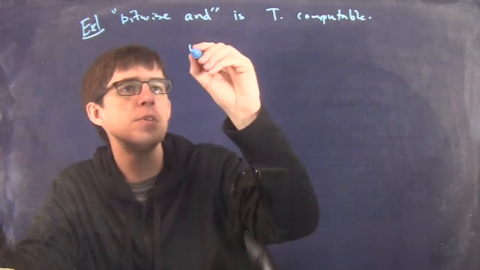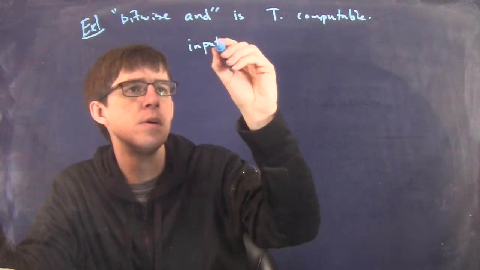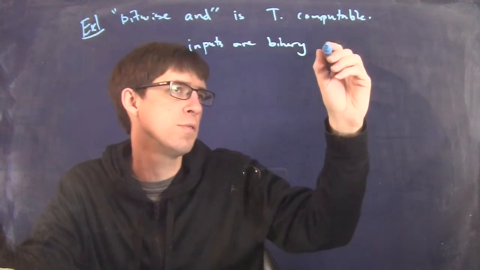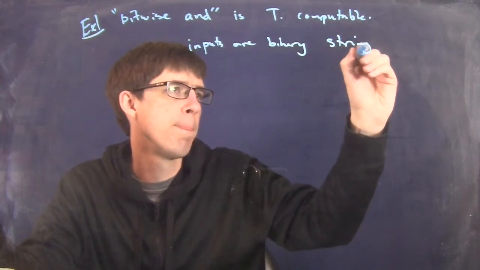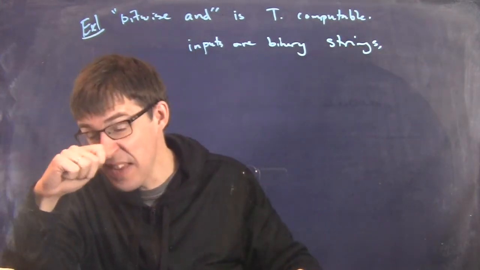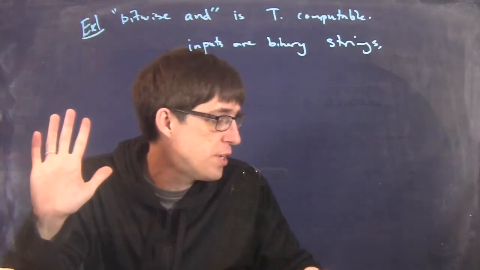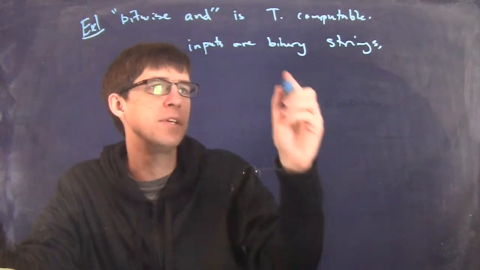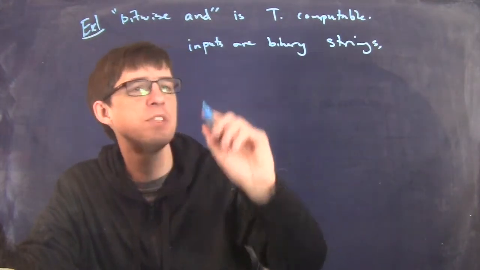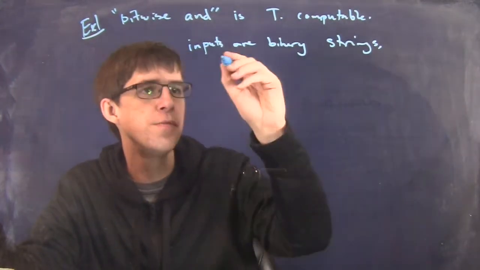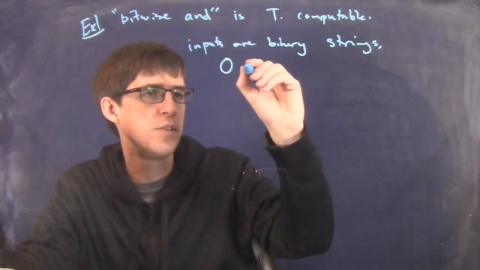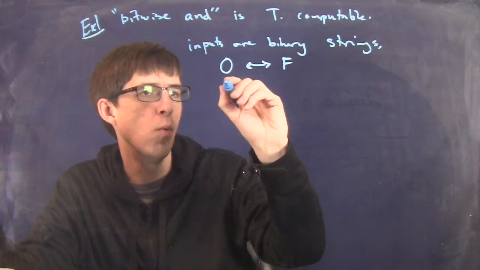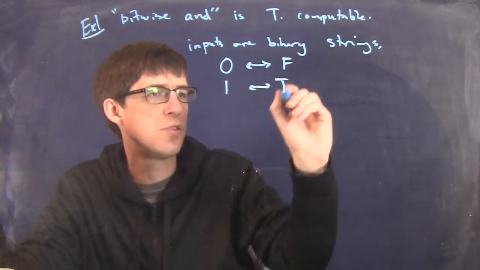The inputs are binary strings, binary meaning zeros and ones. This is meant to do the logical operation of and. I'll tell you what bitwise means. In order to interpret binary strings as logical true and false, 0 is interpreted as false, and 1 is interpreted as true.